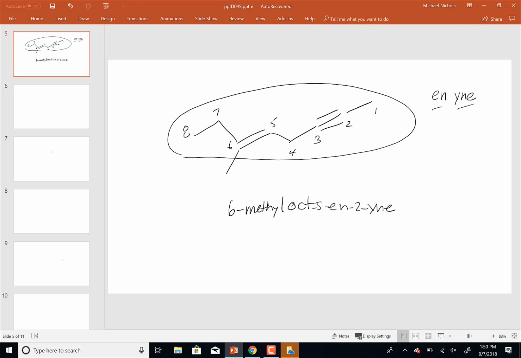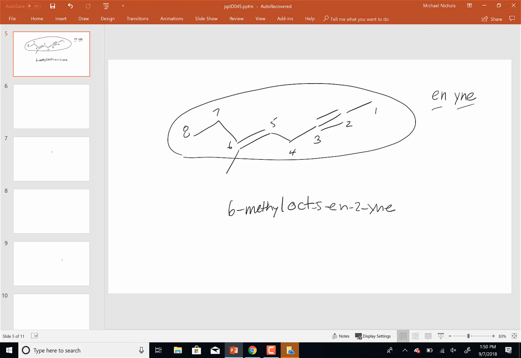Okay. So it's only going to get worse on Monday because we're going to have a whole bunch of other groups. But with the other groups, the table of priorities actually makes sense. I think this is the one exception, when you have a double and a triple bond, where it doesn't.